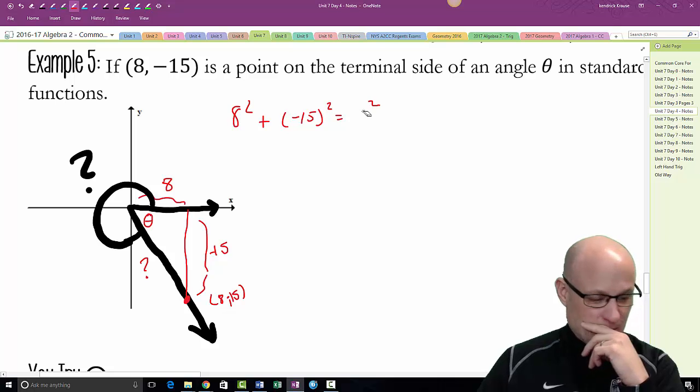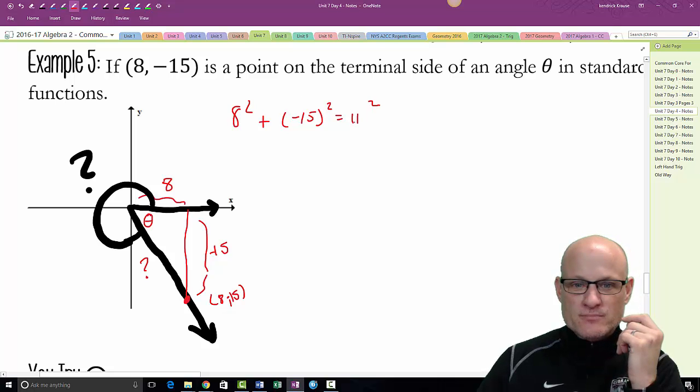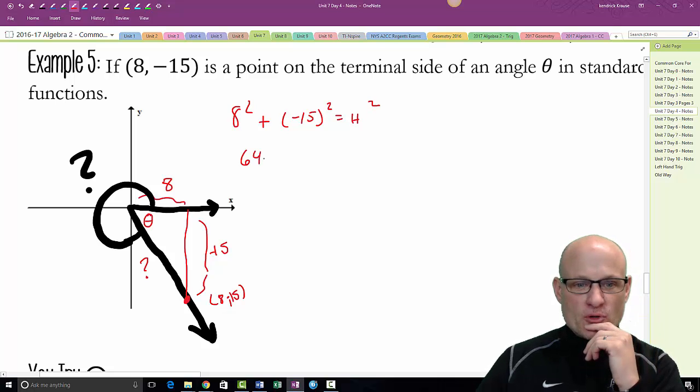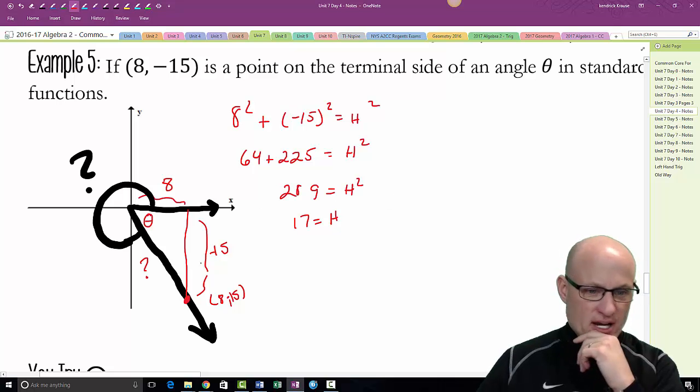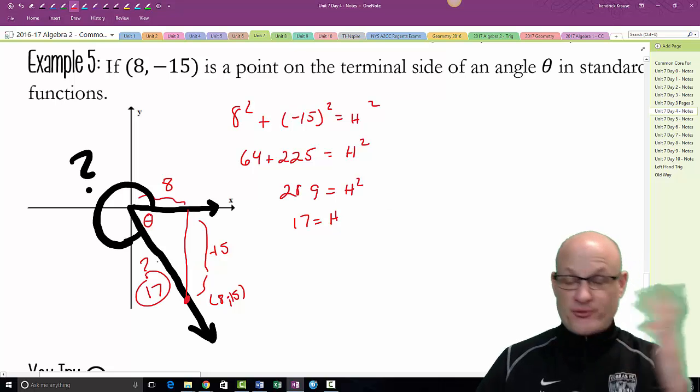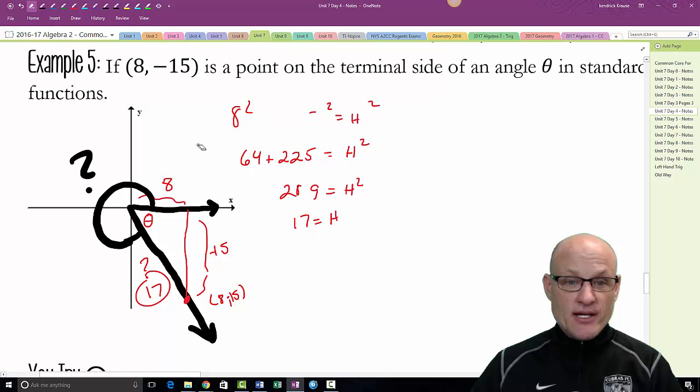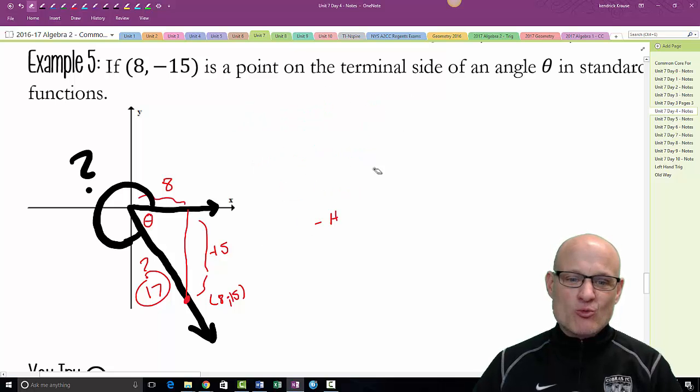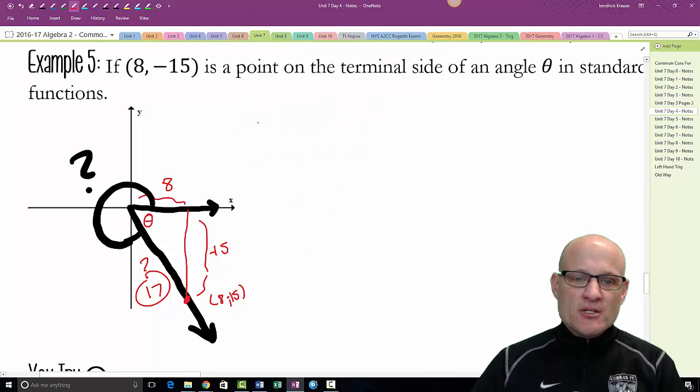How about we use h for hypotenuse squared? Let's see, 64 plus 225 equals h squared. 289 equals h squared, so h equals, I believe, 17. So now we know the hypotenuse is 17. Well, I'm good to go now, kiddies. I'm ready to rock and roll.